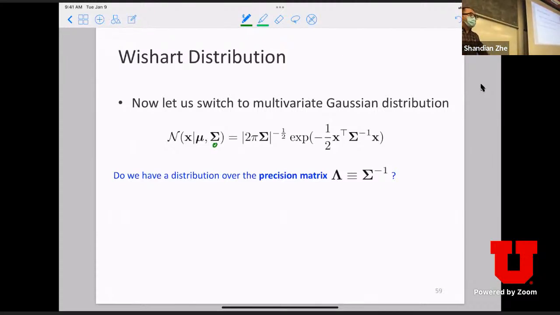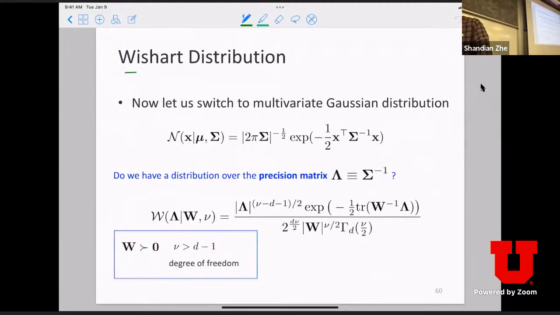What if I want to assign a prior distribution over the covariance matrix, or its inverse? Again, we can talk about the inverse first. That is, if you want to assign a prior distribution over the precision matrix, the inverse of covariance, what is the commonly used distribution? The commonly used one is called the Wishart distribution.